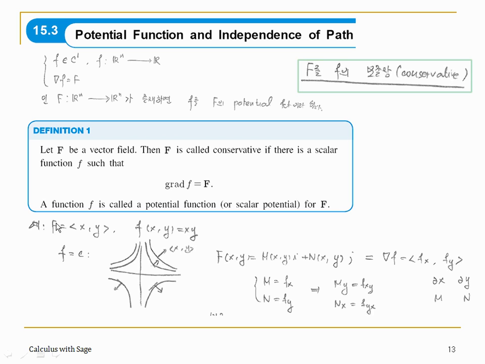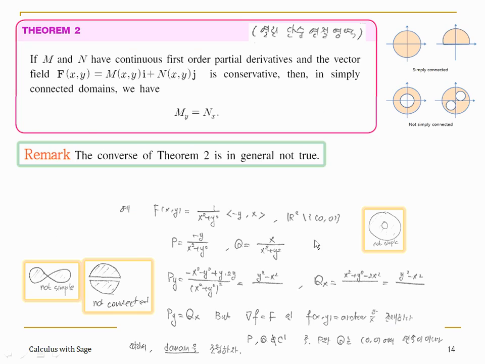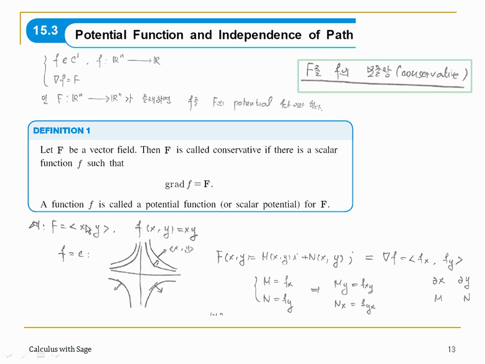Here is one example. If capital F is the vector-valued function yi plus xj, and little f of xy is equal to xy, then the partial derivative of f with respect to x is y, and the partial derivative with respect to y is x.